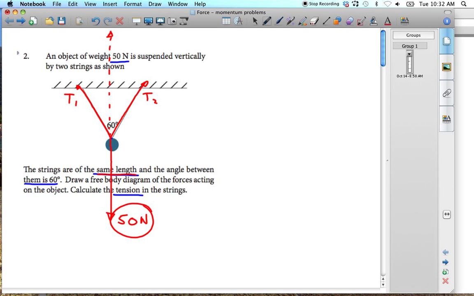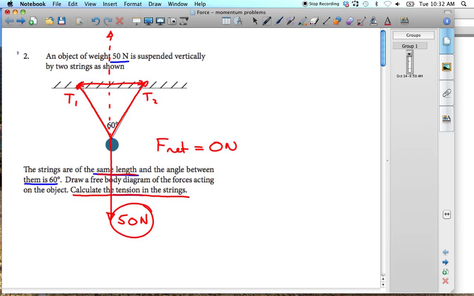You're going to have a horizontal force in that direction and a horizontal force in the other, and those two will also cancel each other out. The net force on this whole system is equal to 0 newtons because the object is stationary. So we want to calculate the tension in the strings.